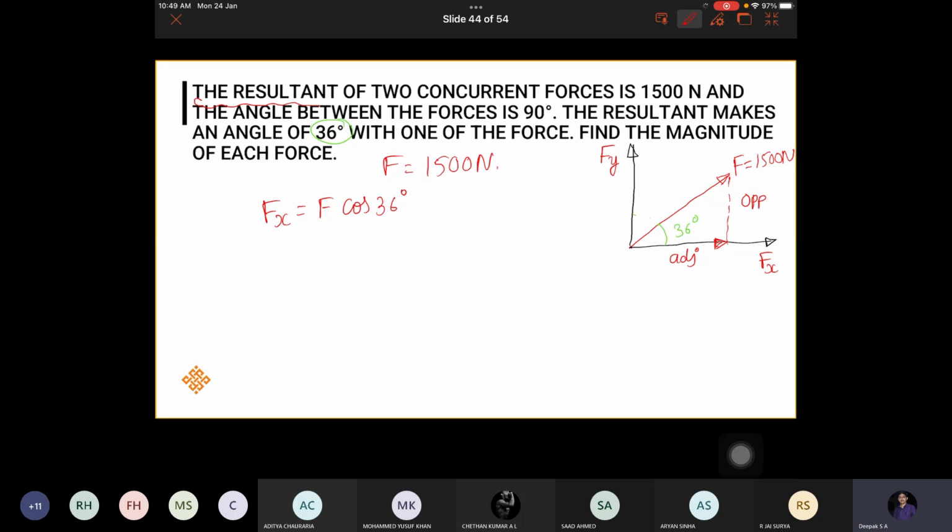Because in this triangle, cos 36 degree is equal to adjacent by hypotenuse. What is adjacent? Adjacent will be Fx, and the hypotenuse is F. Don't confuse with the length.